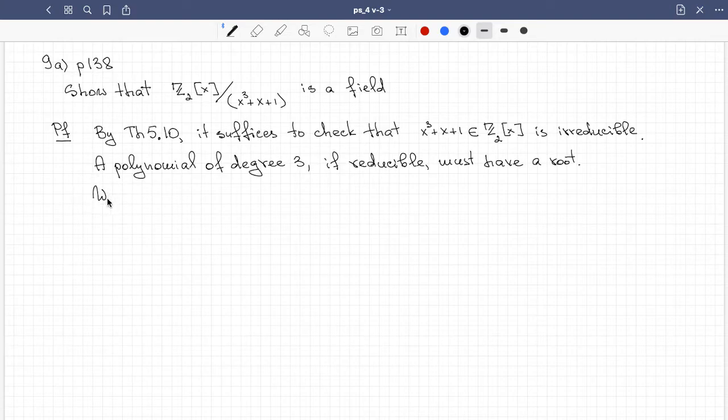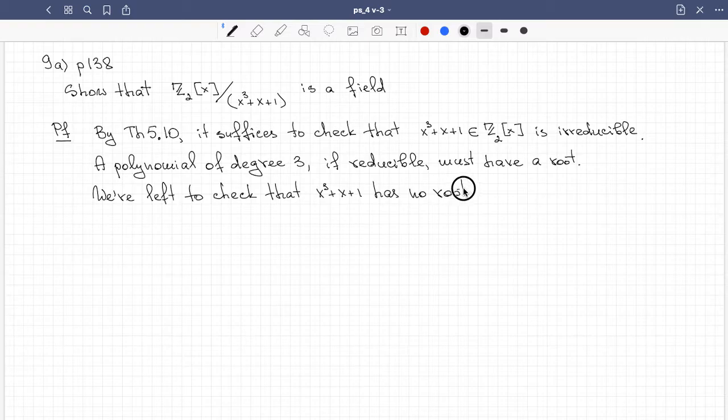We're left to check that x cubed plus x plus 1 has no roots in Z mod 2, in the field.